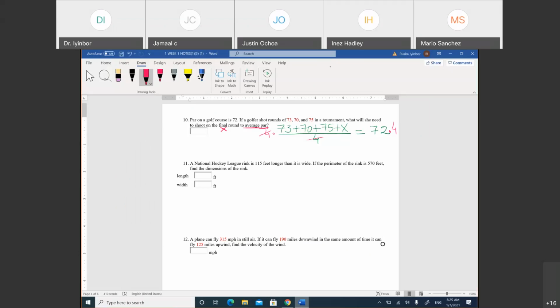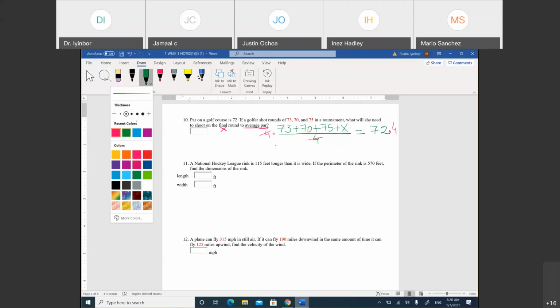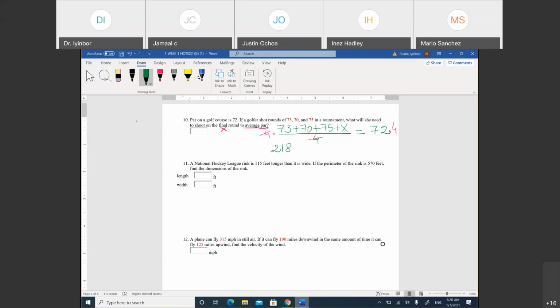Then we add 73 plus 70 plus 75, which gives me 218, plus X. And when I multiply 72 times 4, it's 288.